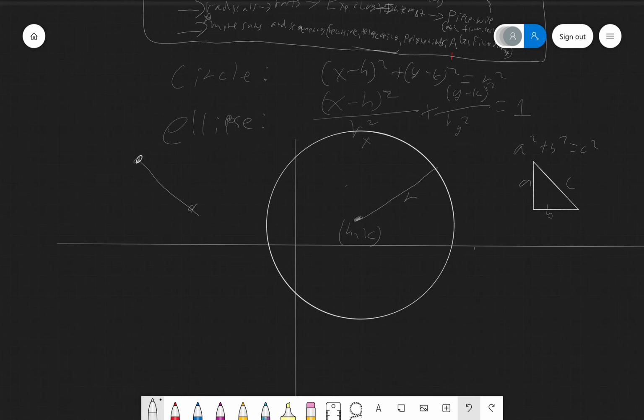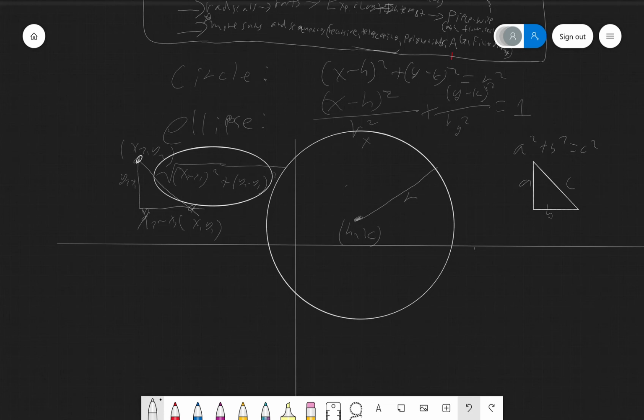Let's say this point is x2 comma y2, and this is x1 comma y1. You create a triangle, this side is x2 minus x1, this is y2 minus y1, and the distance is the square root of x2 minus x1 squared plus y2 minus y1 squared. That's the distance formula right there. Simple. Now we're going to use that to our advantage here.